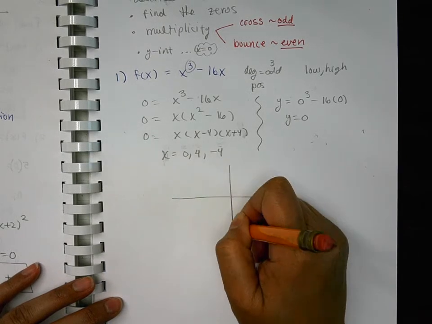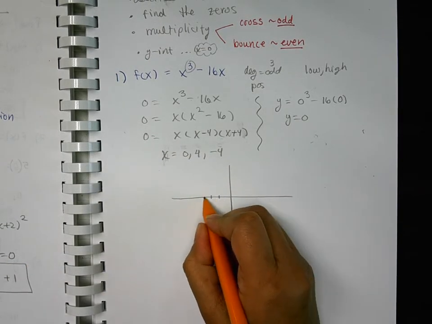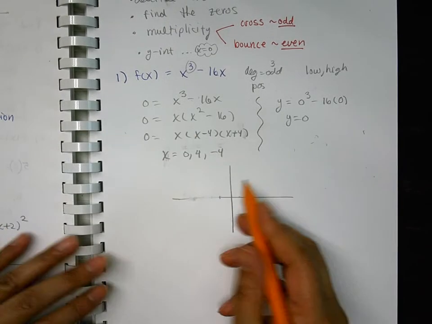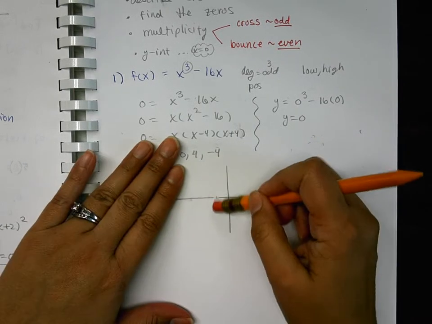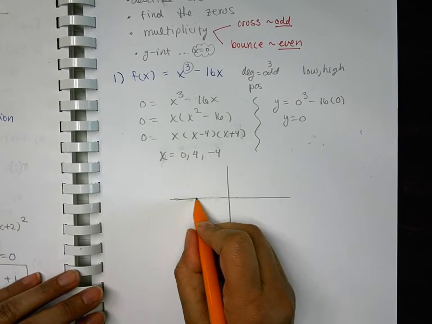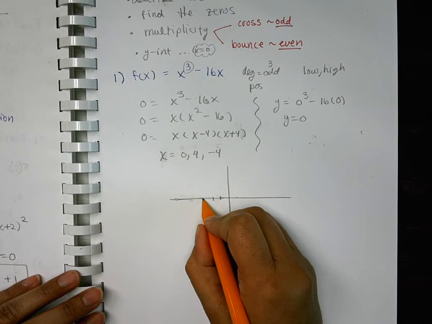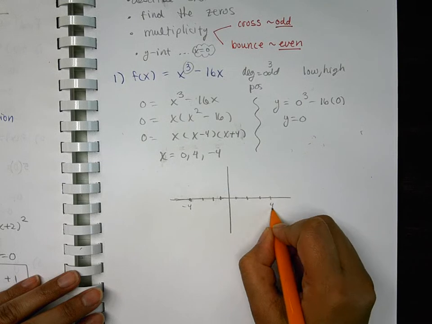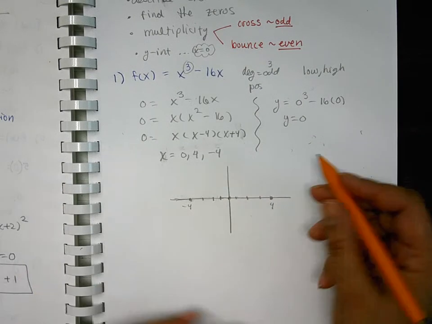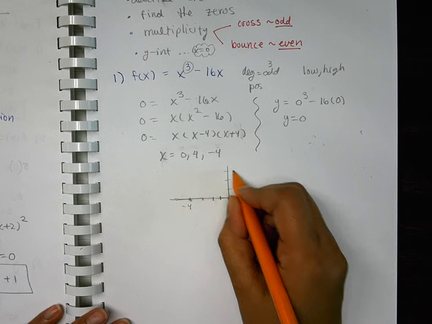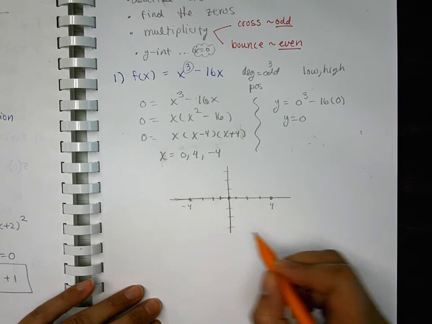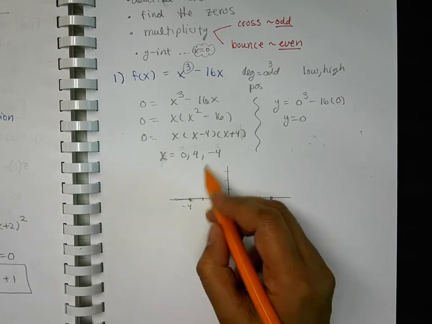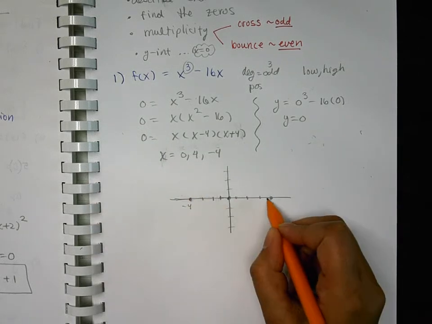All right, 1, 2, 3, negative 4. 1, 2, 3, positive 4, and a 0, and the y-intercept is 0, so I don't have to plot another point. All right, questions so far? I have my 3 x-intercepts plotted: negative 4, 0, positive 4. And what do we know?